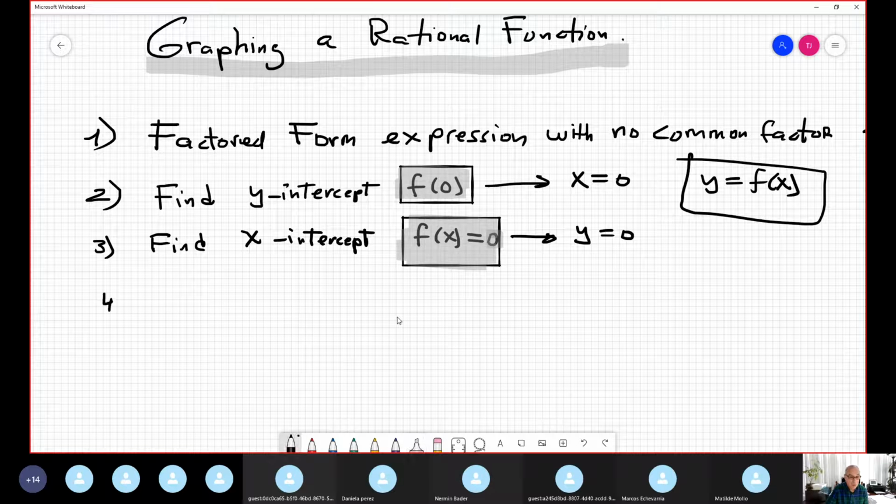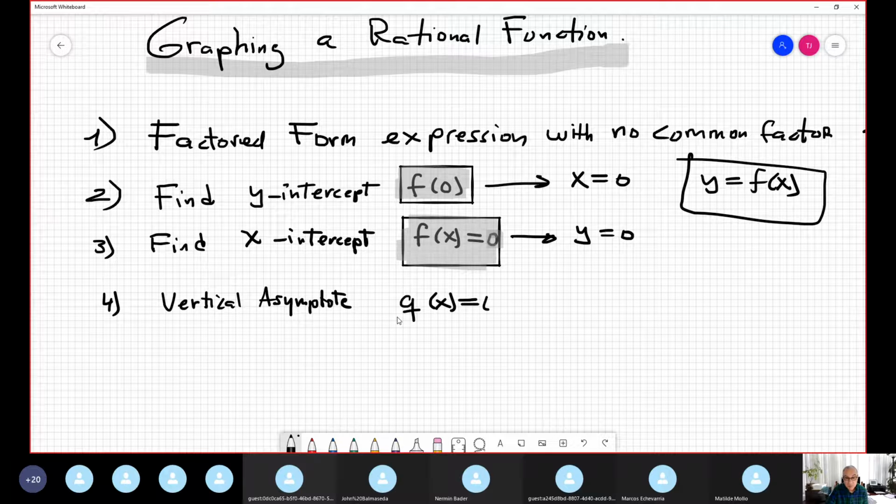Okay, what about number 4? Number 4 is an important step: the vertical asymptote. What is the formula? The factor that stays alive in the bottom, which I want to call little q, not capital Q, since capital Q is the original, equals 0. It's the formula for finding the vertical asymptote.